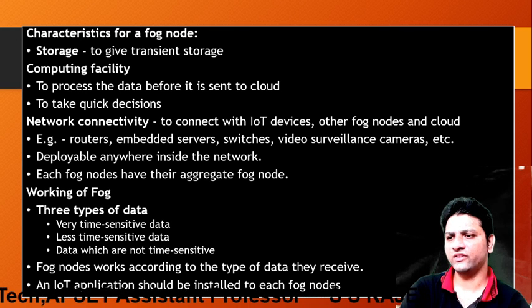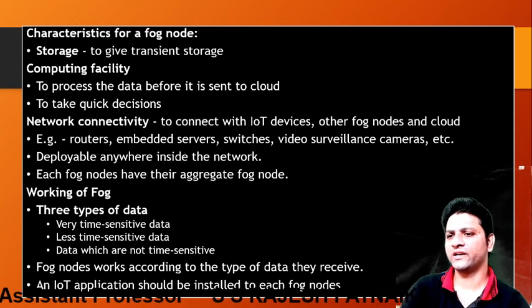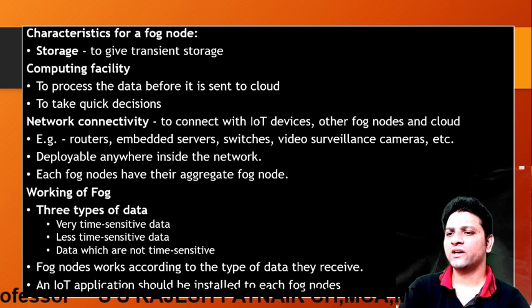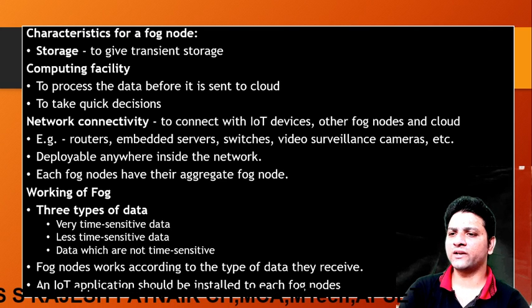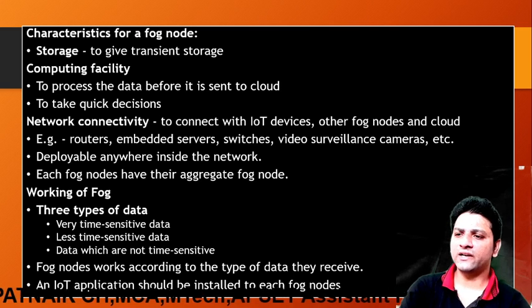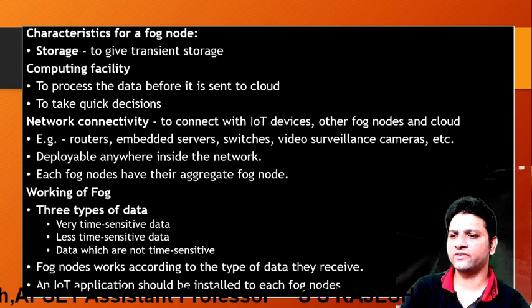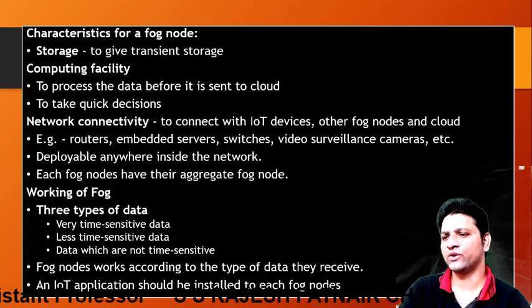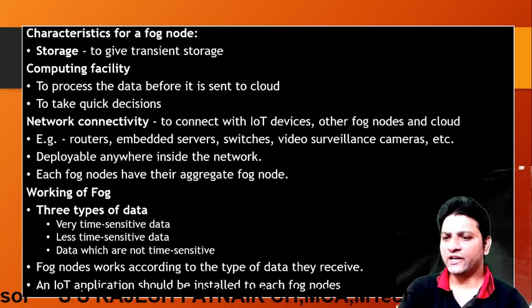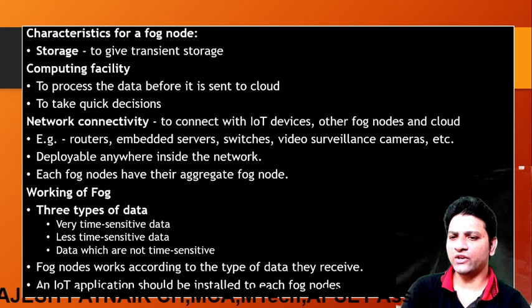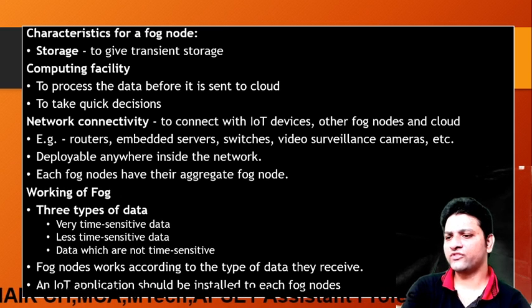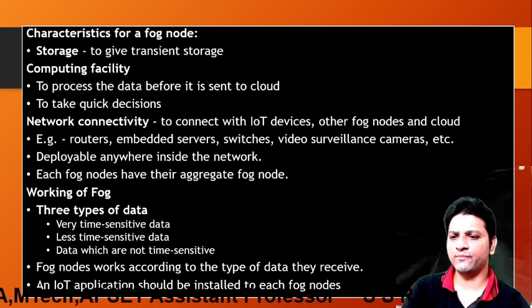Storage: we need to store the data at the fog level for the processing of the data. Computing facility means you need to process the data sent by the IoT devices. And network connectivity means fog services will decide which type of hardware, for example routers, embedded services, switches.